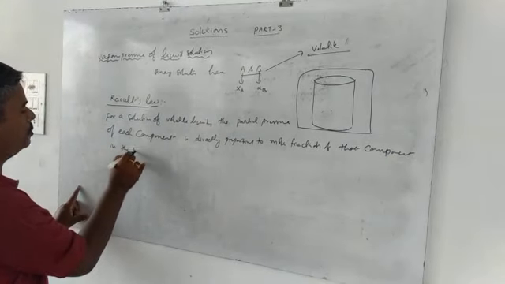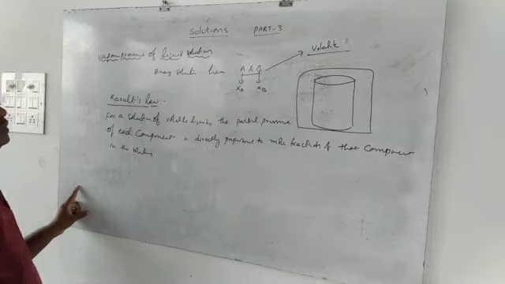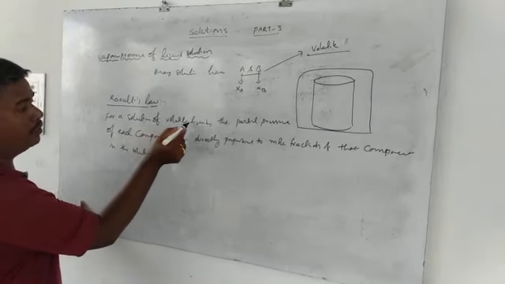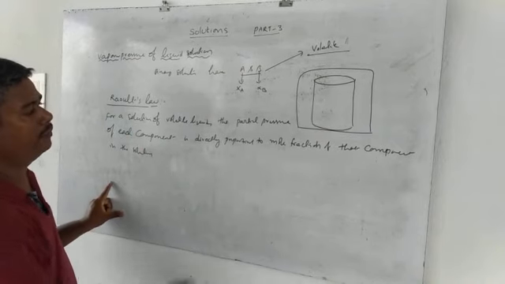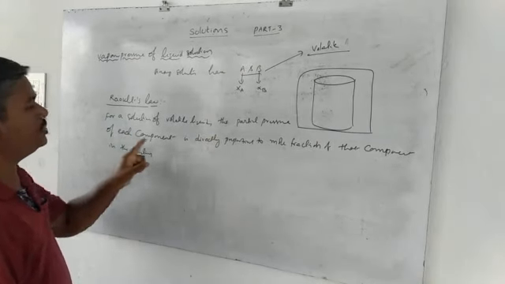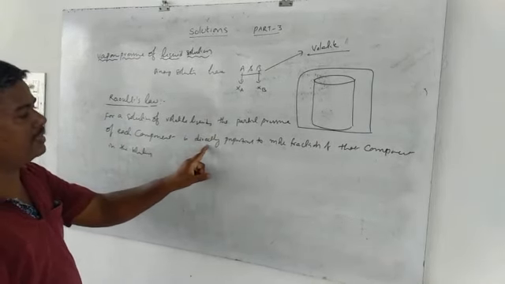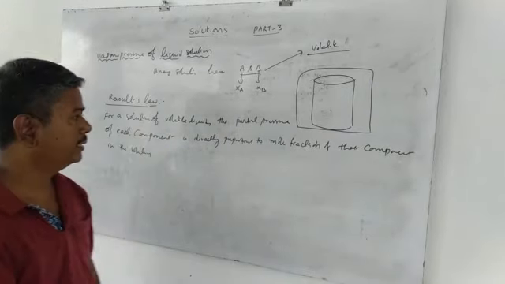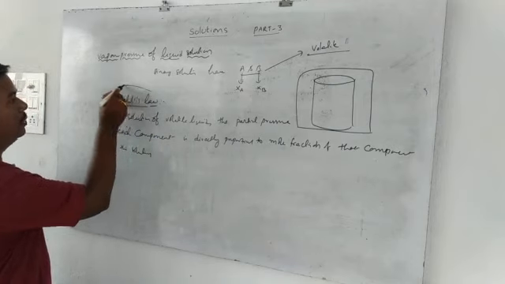Once again, for a solution of volatile liquids, the partial pressure of each component is directly proportional to the mole fraction of that component. That is called Raoult's law.